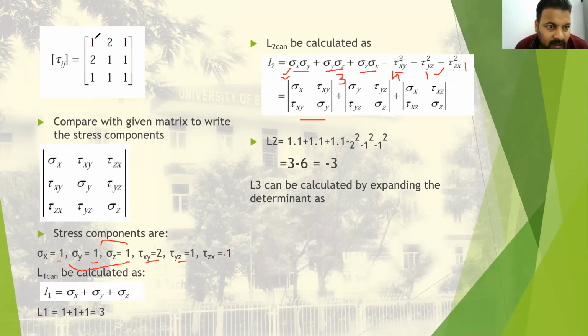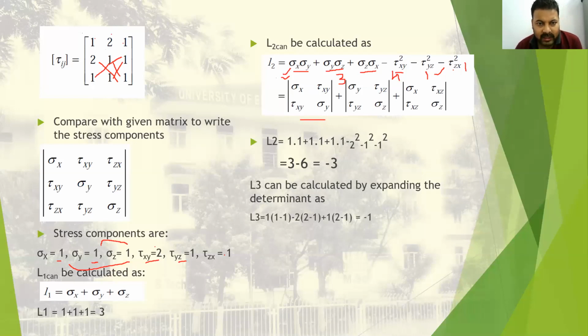You have to multiply this 1 by its cofactor 1 into 1 like this. Then after you have to multiply 2 with its cofactor like this, 2 into 1 into 1 into 1, and similarly for this. So finally upon expansion it could be written like this.